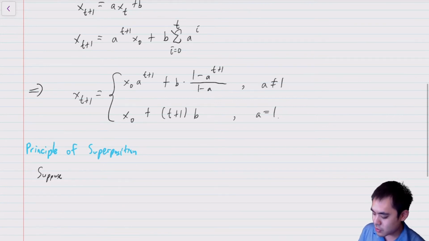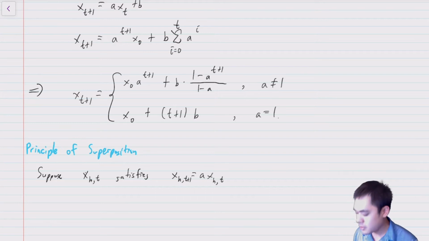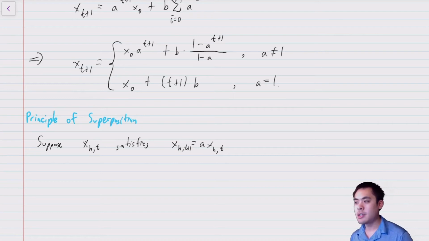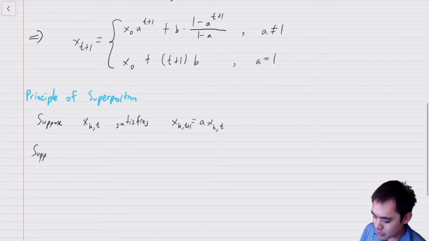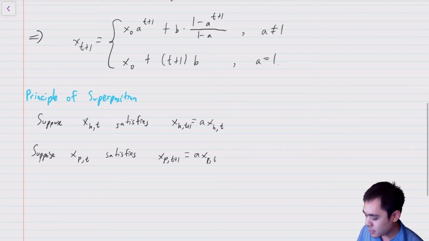Suppose we have a function, let's call it x sub h comma t, which satisfies x sub h comma t plus 1 is equal to a x sub h comma t. The h here stands for homogeneous because it's a solution to the homogeneous equation. And suppose we have another function, x sub p comma t, that satisfies x sub p comma t plus 1 is equal to a x sub p comma t plus b.